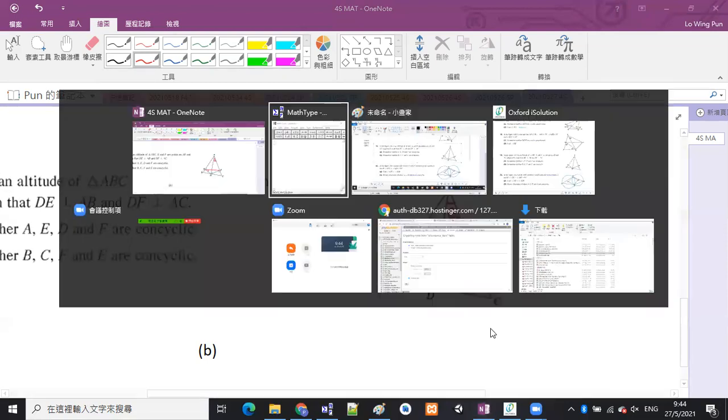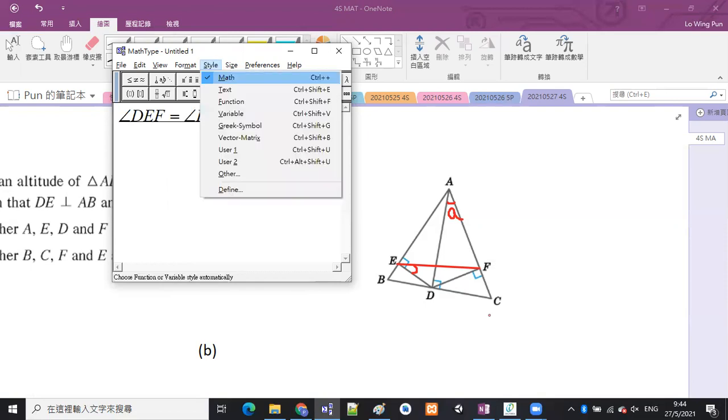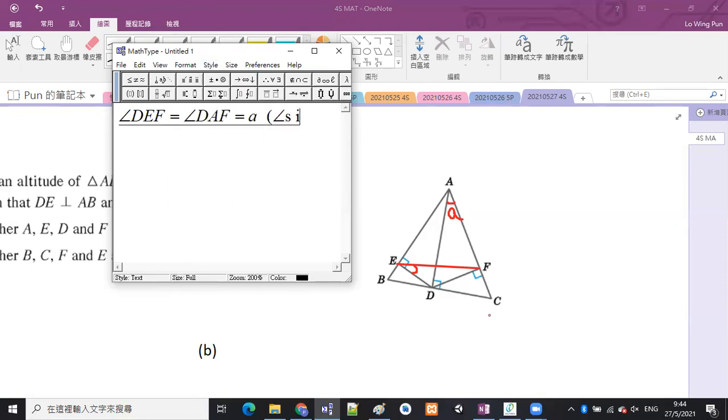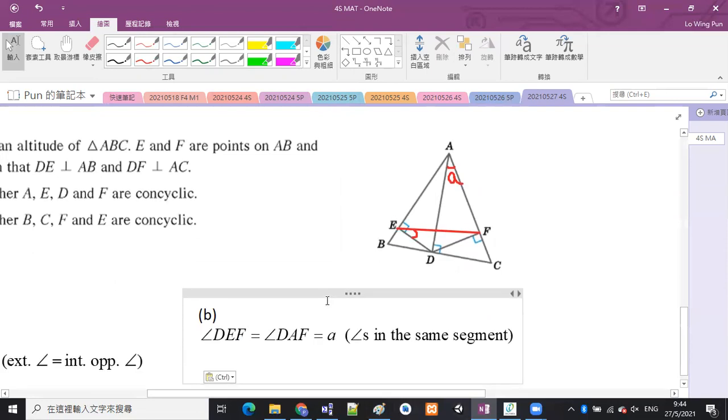Okay, so let's write this down first. Angle DEF is equal to angle DAF is equal to A. Angles in the same segments. Okay, so what I have just proved is this angle is being A.